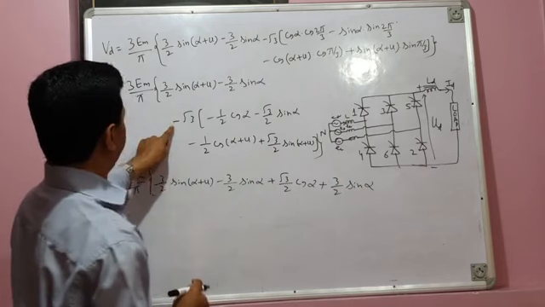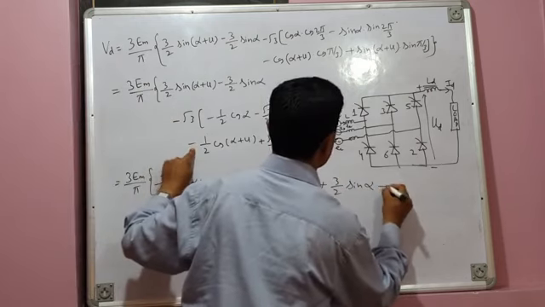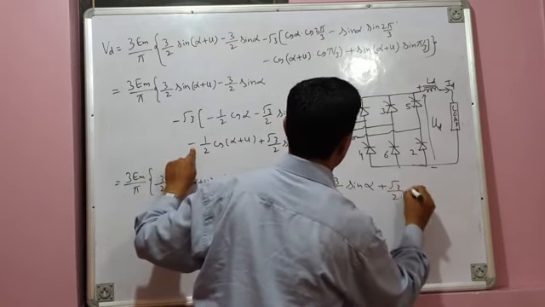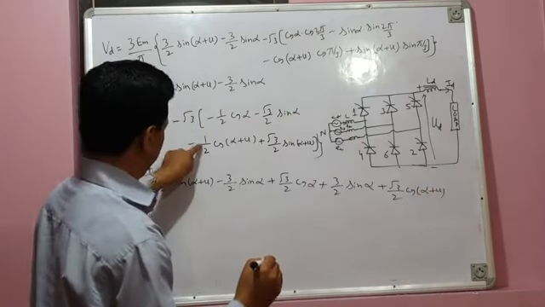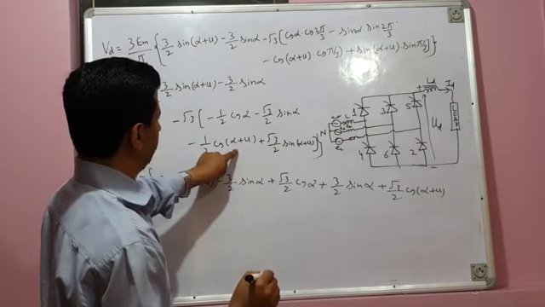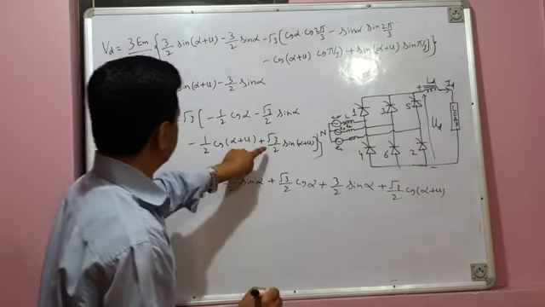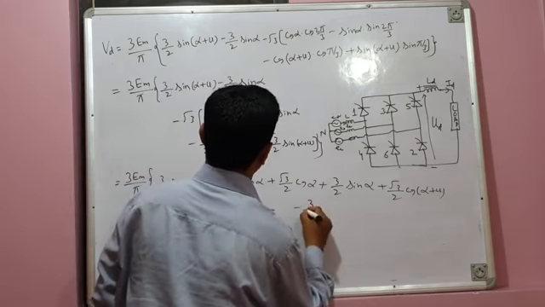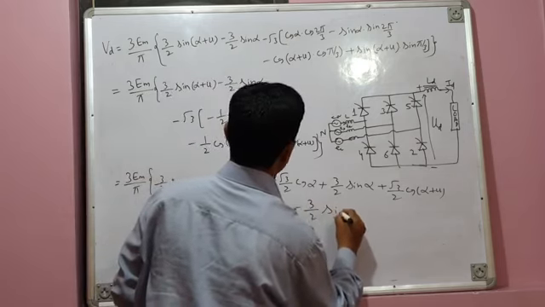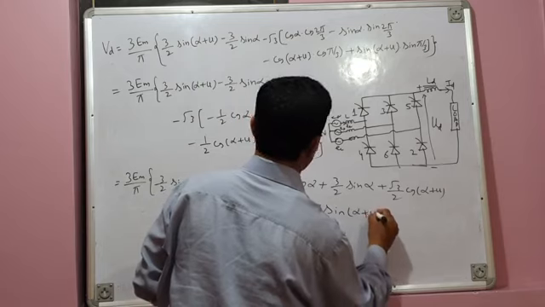Root 3 into 1 by 2 is root 3 by 2 cos of alpha plus u. Minus plus is minus. Root 3 into root 3 is 3, so that is 3 by 2 sine of alpha plus u.